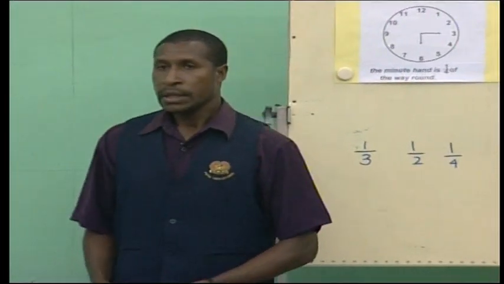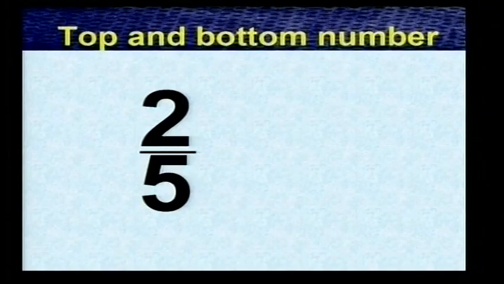Now, if you look at the screen, I have given you an example of a fraction. What fraction is given on the screen, receiving students and 7E? Okay, Florence. 2/5. 2/5, very good. Now on the screen you can see 2/5 given.